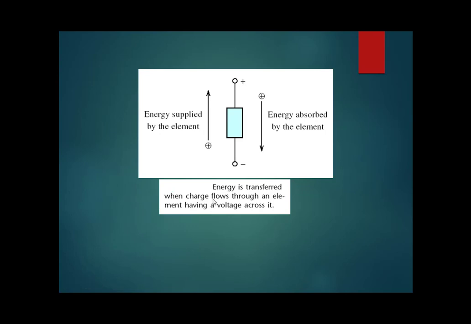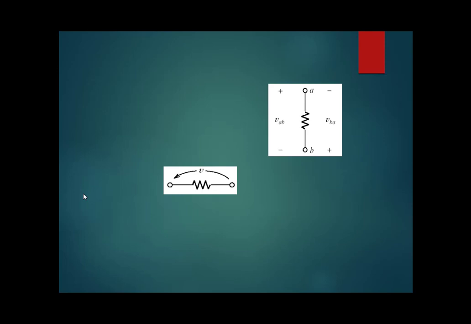So energy is transferred when charge flows through any electrical component, like a resistive component. When charge flows from a higher potential to a lower potential, these electrical components will consume some energy.